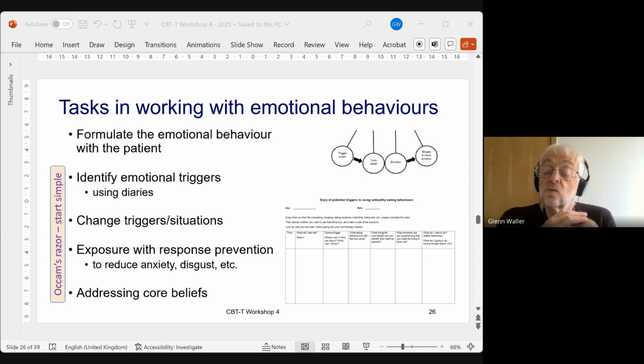Now, one of the things we're going to do is talk with the patient about that diagram, the Newton's cradle. We're going to say, let's try to understand why you have these emotional problems. So, going back to Cara's point, we won't look at a general case, we'll look at a specific case for you as a person.